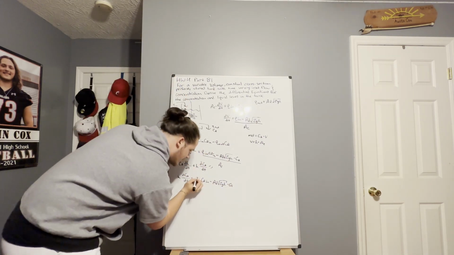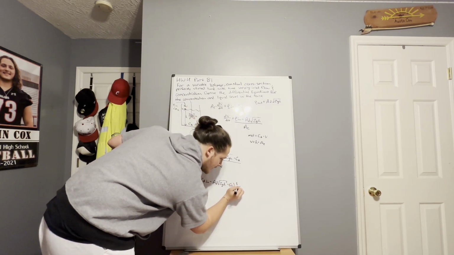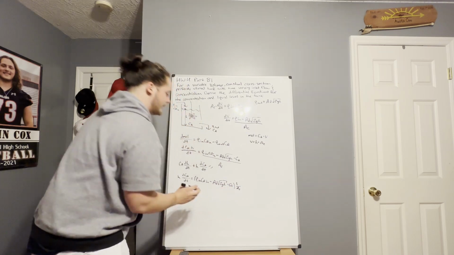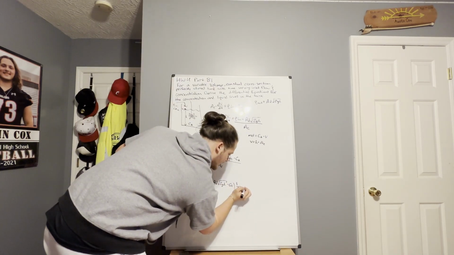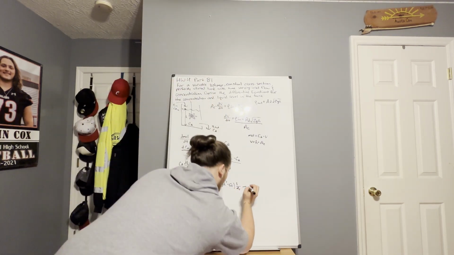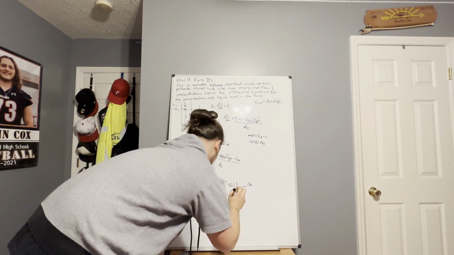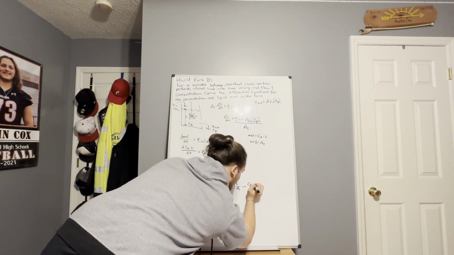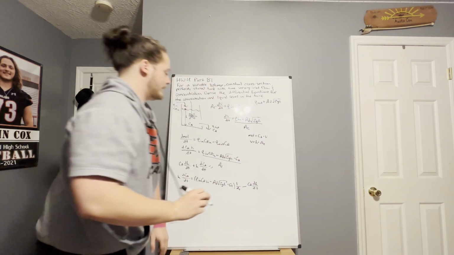And I'm going to rewrite this as 1 over the cross-sectional area, and then this is also going to be subtracted by our concentration times the differential of height with respect to time.